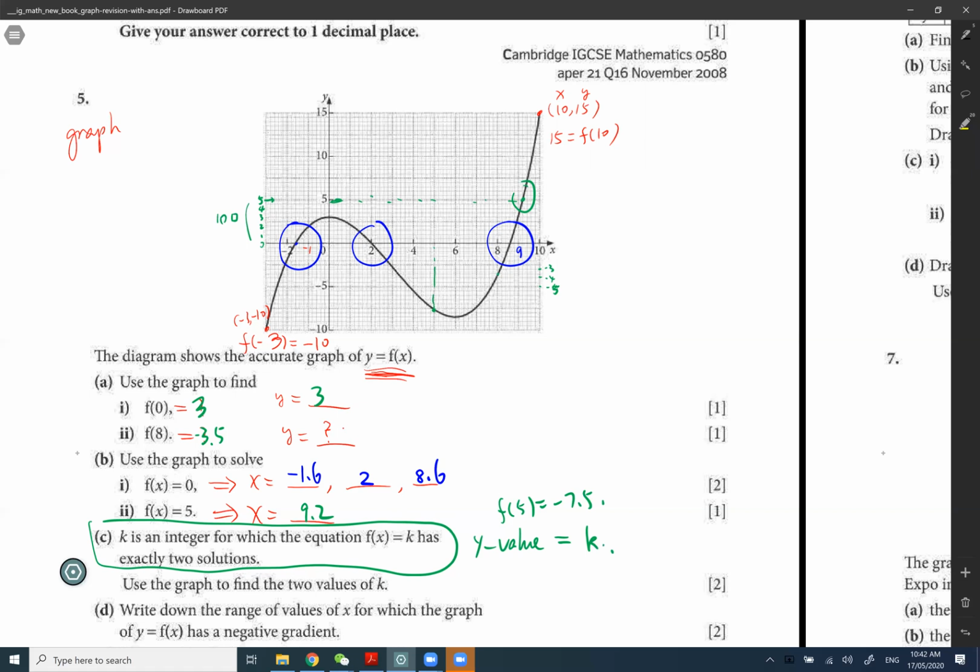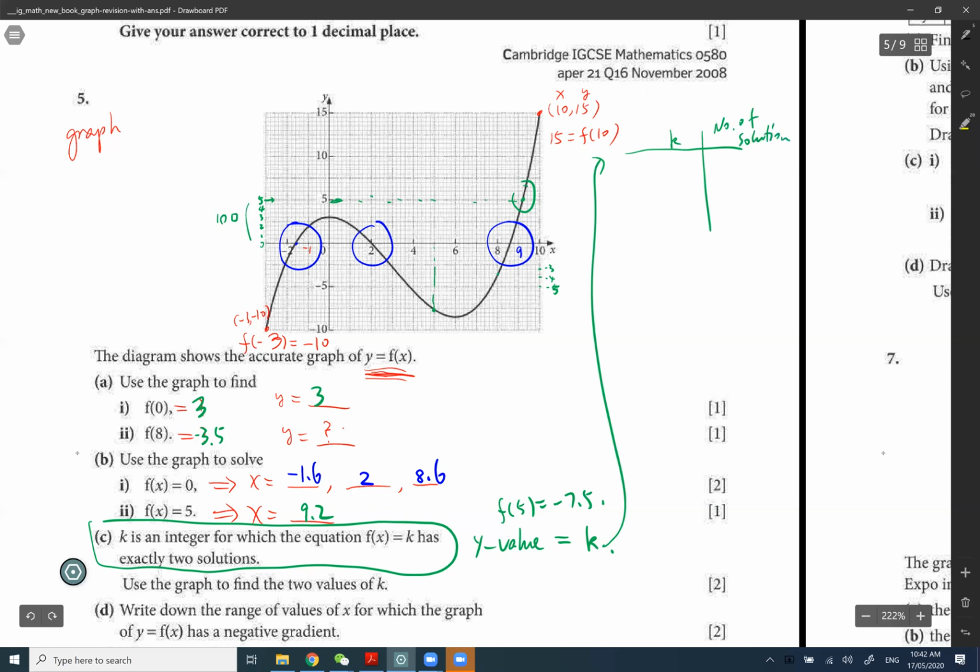For example, we check some examples here. K, number of solutions. For example, f(x) equals k, like y value equals k. If y value equals 10, how many answers?